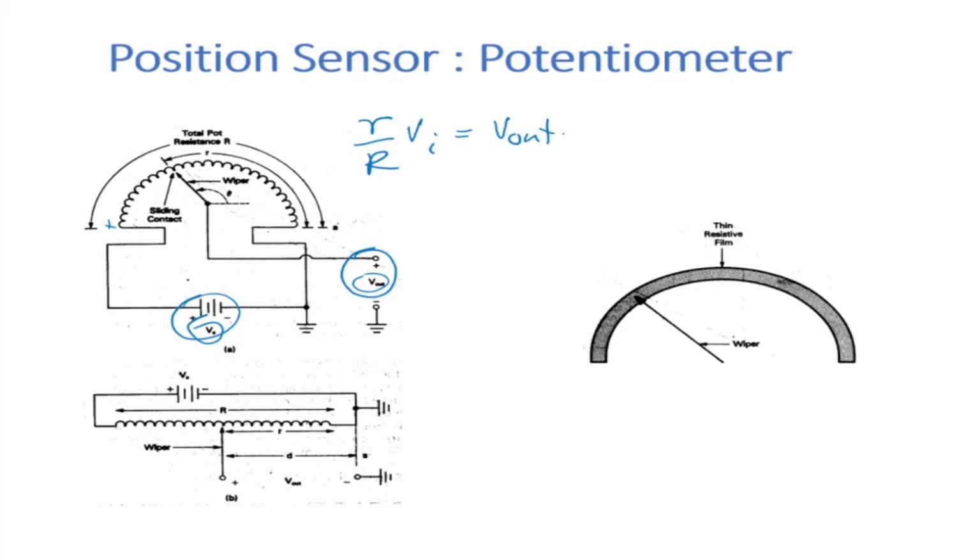As this is rotating, small r is increasing or decreasing. When it is here, small r will become equal to capital R. When it is here, small r will be very small.